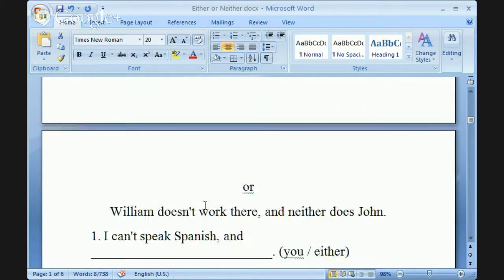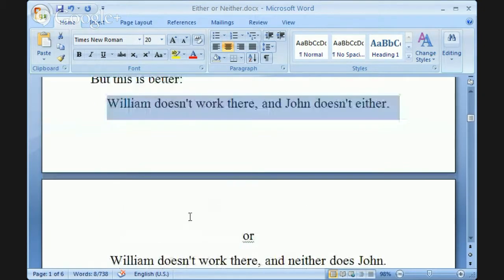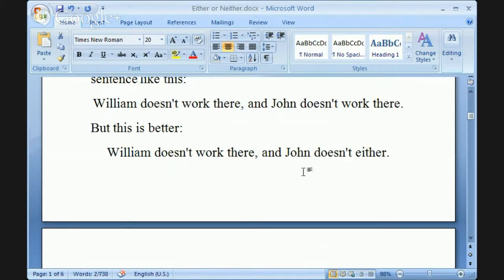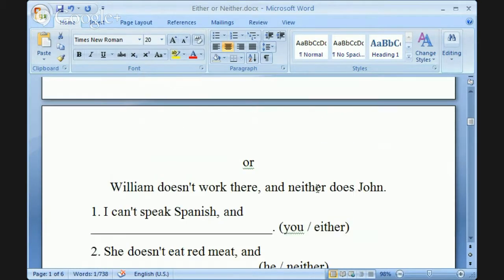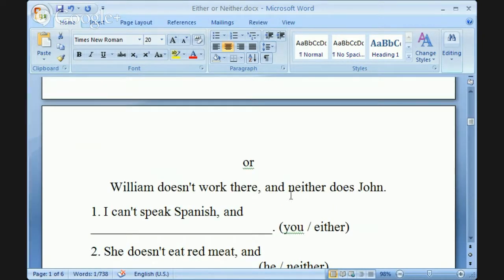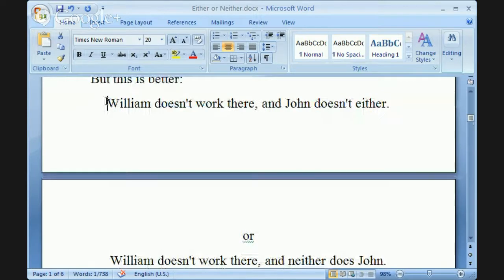Or alternately, I can say William doesn't work there, and neither does John. Okay, neither and does. Notice John doesn't either. Neither does John.